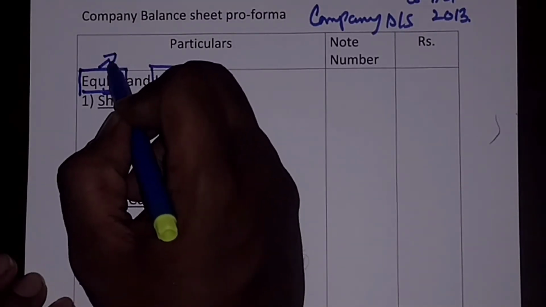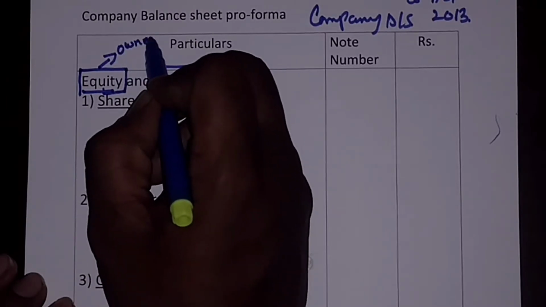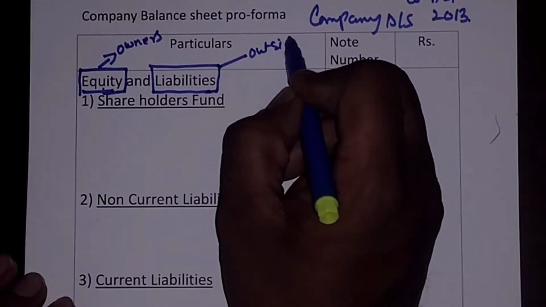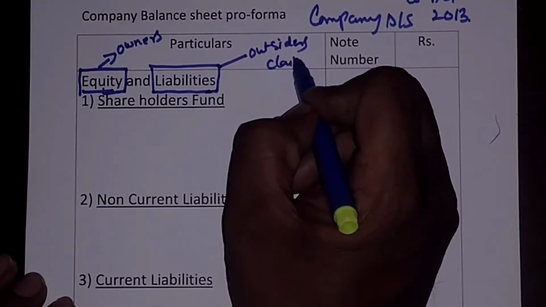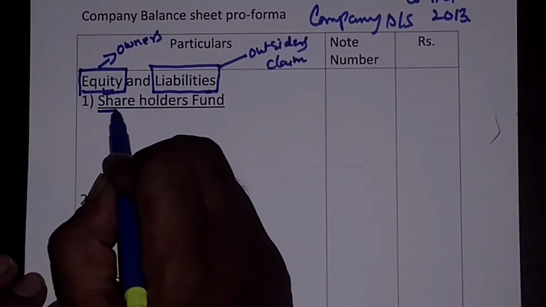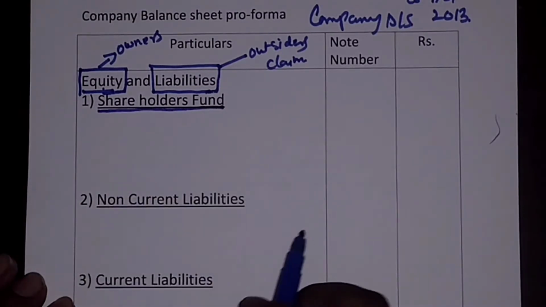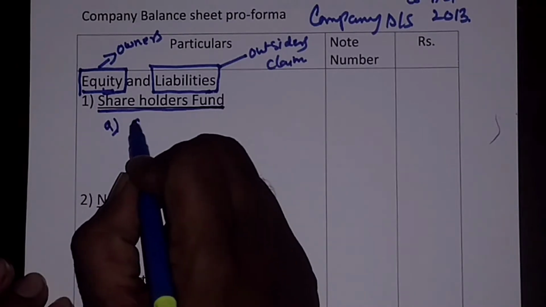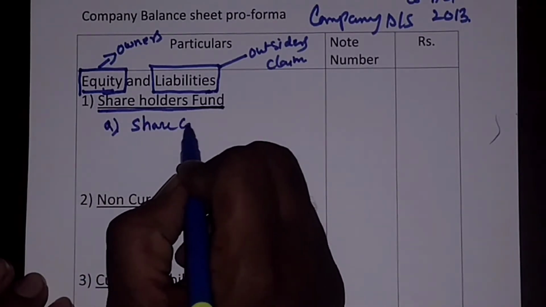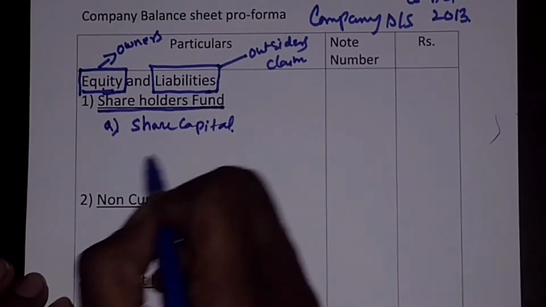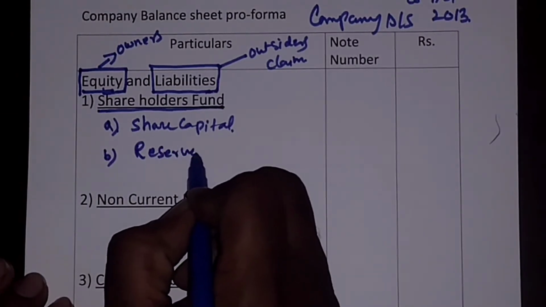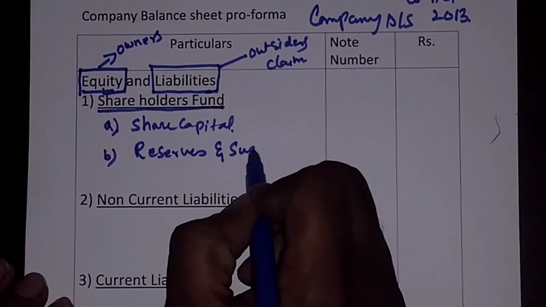Equity is relating to the owner's claim. Liability is relating to the outsider's claim. The owner's claim is called the shareholders' fund. Under this shareholders' fund, the very first one is the share capital, and the second one is reserves and surplus.